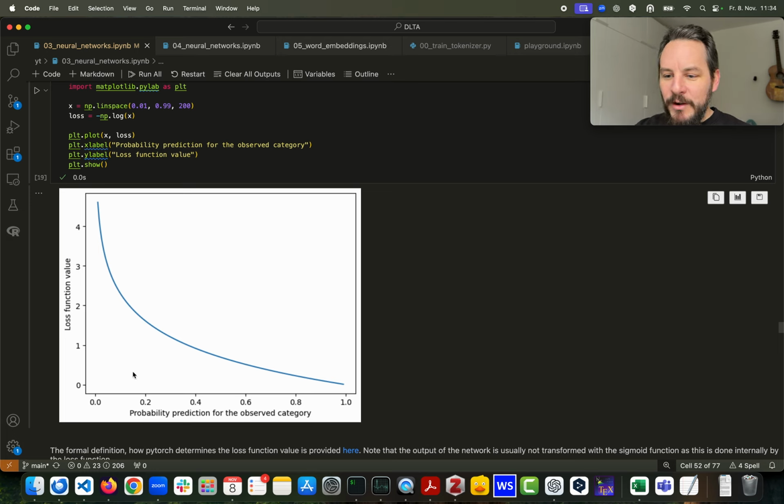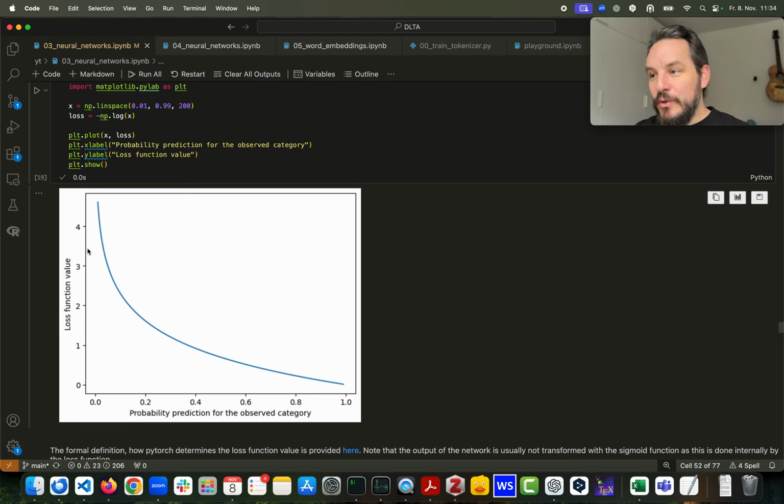Then we have a small loss in comparison to when your model is on a bad track and predicts only a 10% probability that this is category 1, while in reality it is category 1. Then you would get a higher loss value.